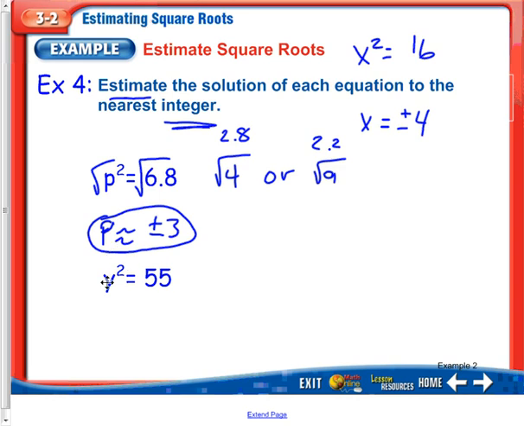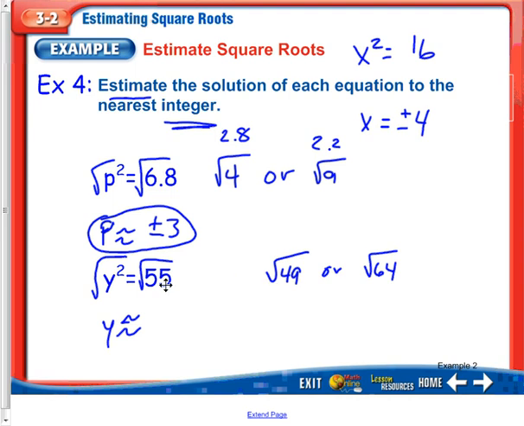So again, we want to find out what y equals. So we need to take the square root of y squared and the square root of 55. So the square root of y squared is y, and we're going to find the estimate. So y is about, now we'll go over here. We're going to either be the square root of 49 or the square root of 64.